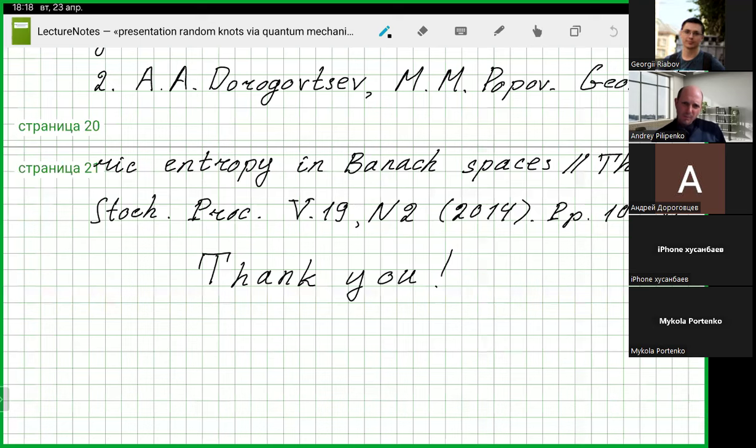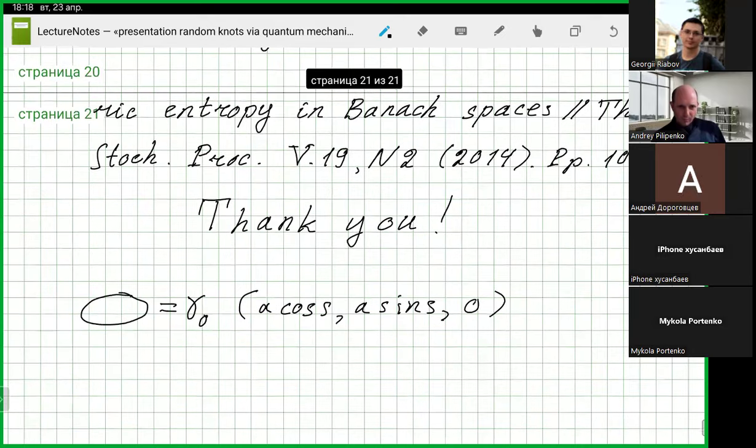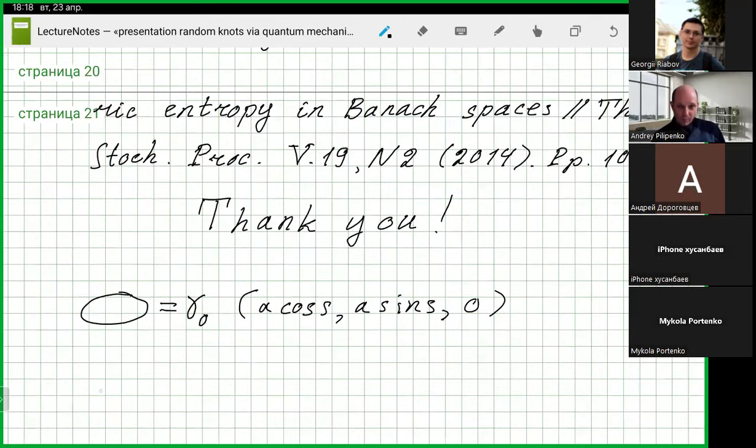So, what was the model? Firstly, we start from the circle in R3, gamma 0, which is A cosine S, A sine S, and 0 at the third point.